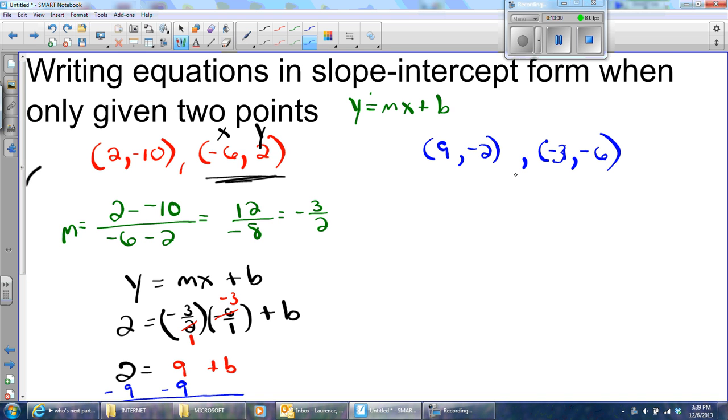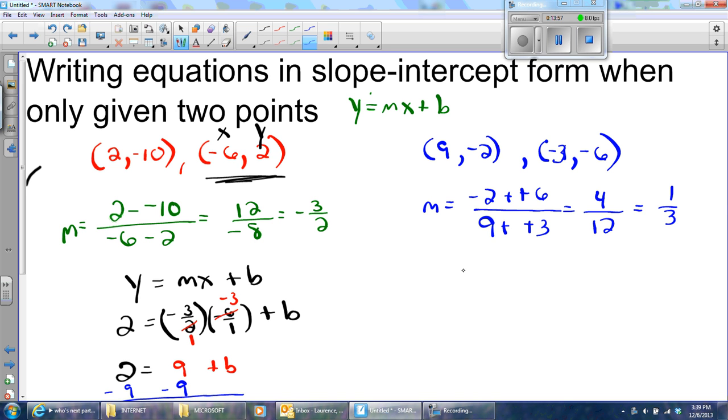All right, on this one here, I'm going to find the slope. So I'm going to go negative 2 minus negative 6. And in the denominator, I'll do 9 minus negative 3. And my numerator is going to be 4. My denominator is going to be 12, and that'll simplify to 1/3.